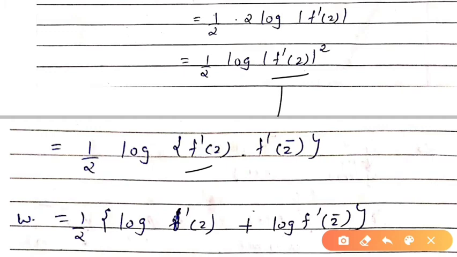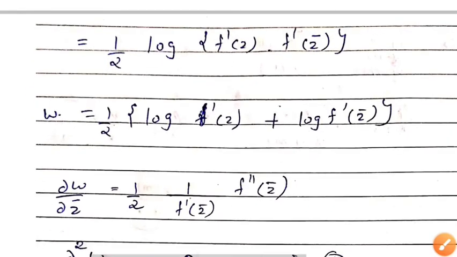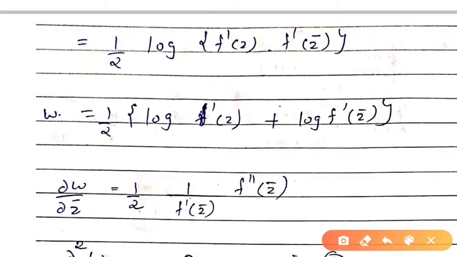This is the formula, you have to remember it. Okay. Now log of a into b can be written as log a plus log b. So I can write this using the formula of simple logarithm.